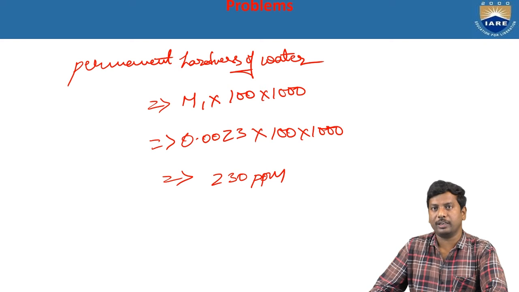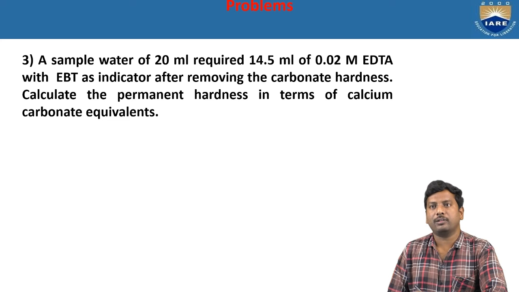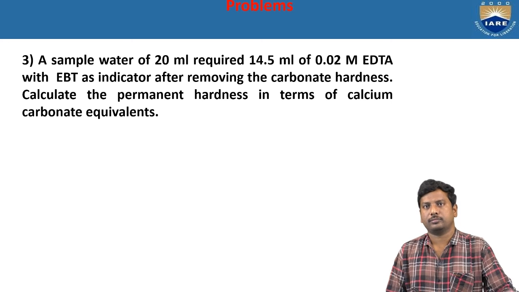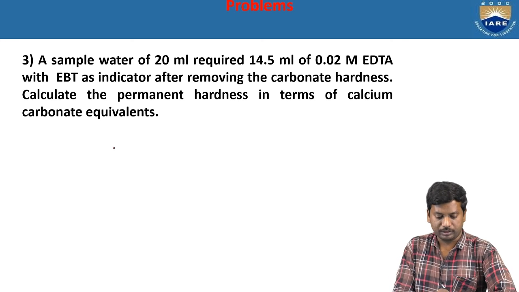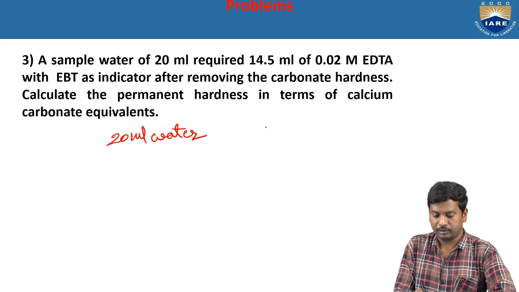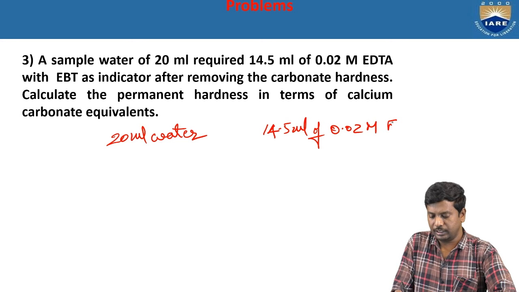Now let us see model problem 3. A sample of water, 20 ml, required 14.5 ml of 0.02 molar EDTA with EBT as indicator after removing carbonate hardness. Calculate the permanent hardness in terms of the calcium carbonate equivalence. So given data: 20 ml of water is equal to 14.5 ml of 0.02 molar EDTA.